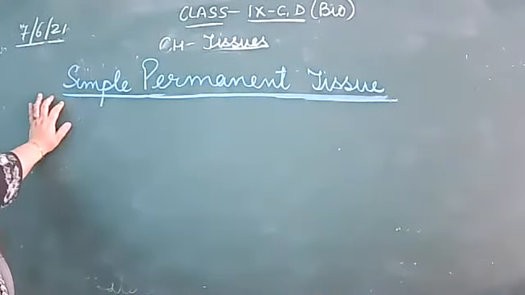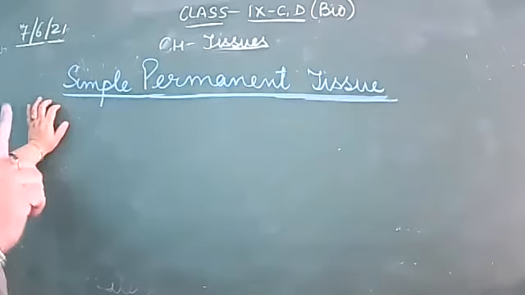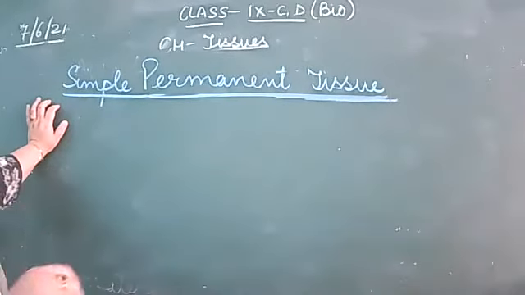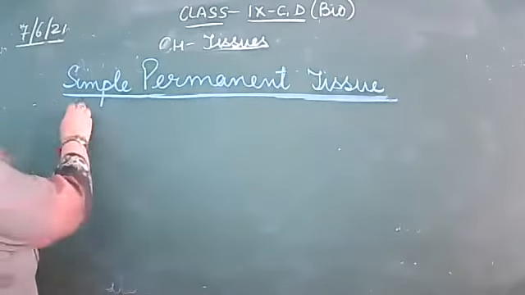Simple permanent tissues are tissues made up of one type of cells which resemble in their structure and perform similar functions.